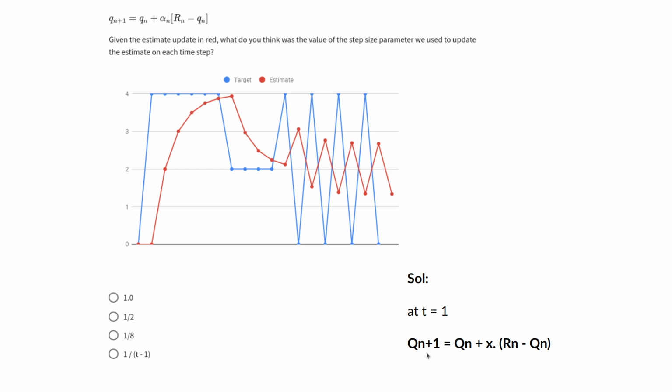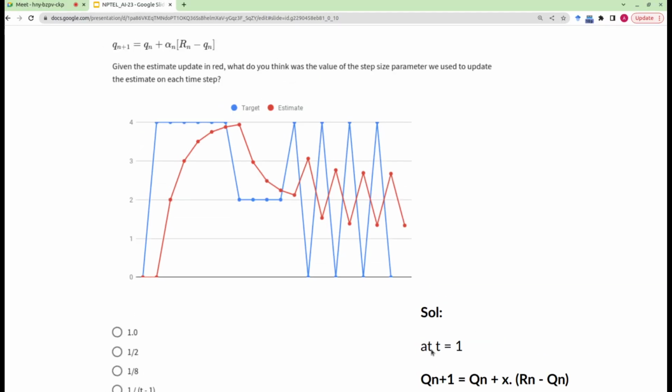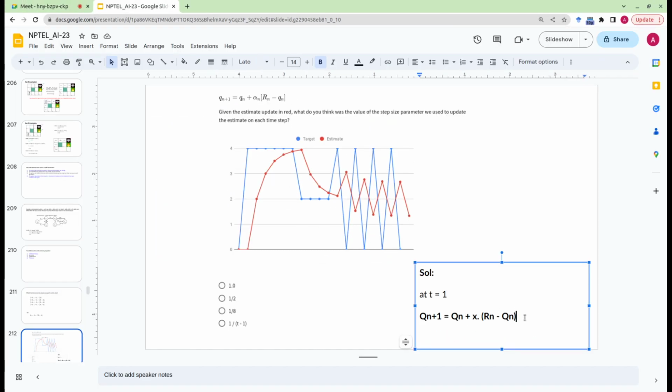So at t equals 1, true was 4, our estimation was 2, plus I don't know what alpha is, so I'm putting x times how much difference it is, 4 minus 2, which will be 2, right? So finally if we calculate, x would be 1 by 2.